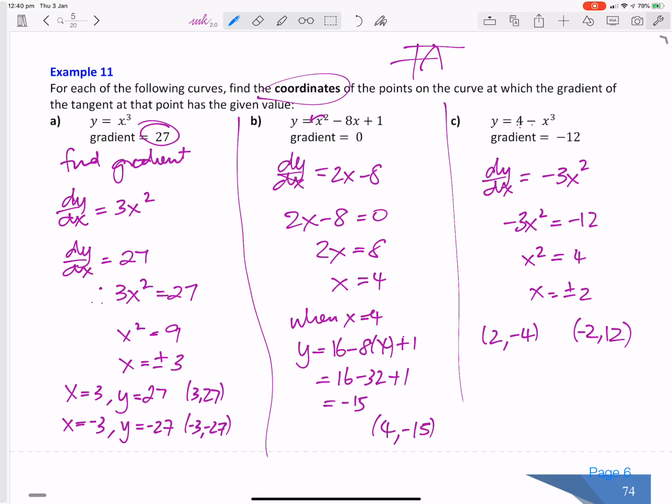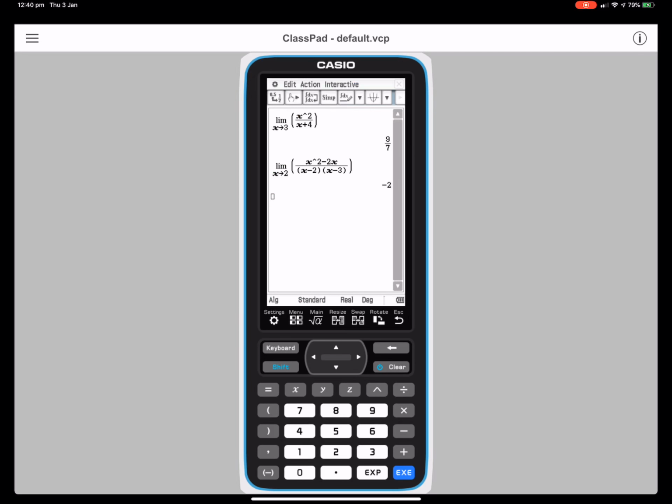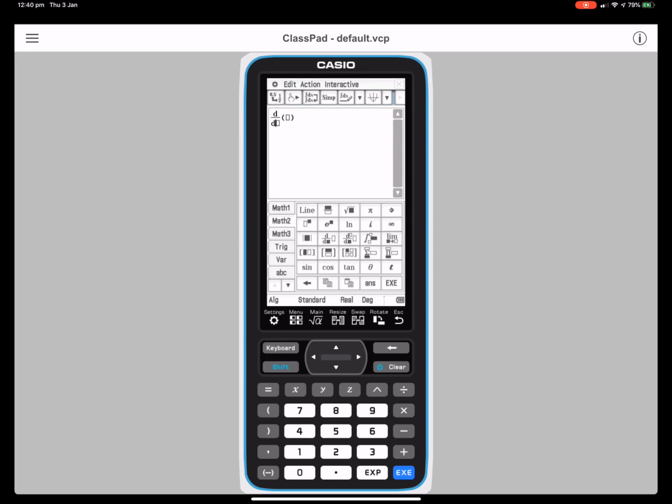Now, when a gradient equals a certain value, you can also do it on your CAS. So here, if my gradient is equal to 27, and it's x cubed, in here we can say d/dx of x cubed. When does that equal 27?